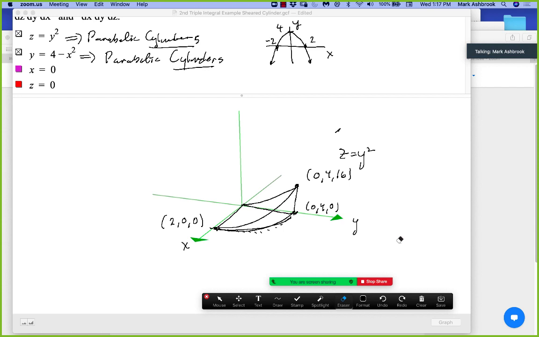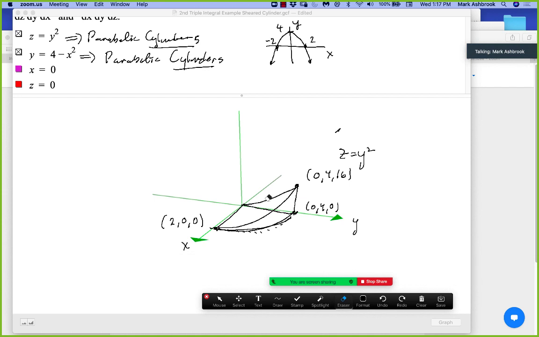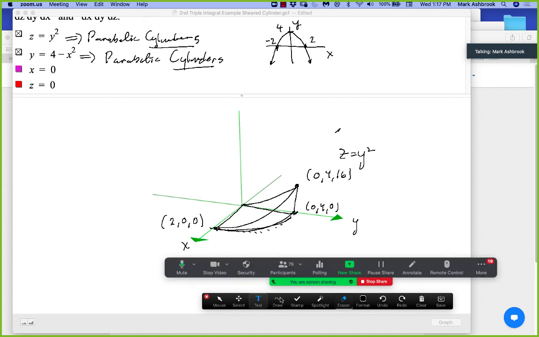Okay, can you see it? Does it make sense? So we get z equals y squared, y equals 4 minus x squared. The bottom is z equals 0. The back is x equals 0. So we started doing some splitting it up.